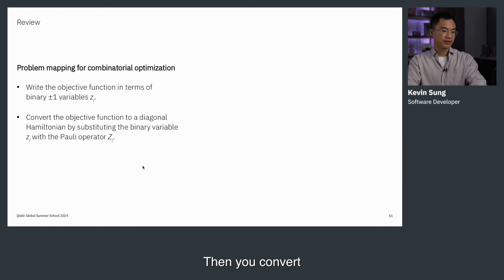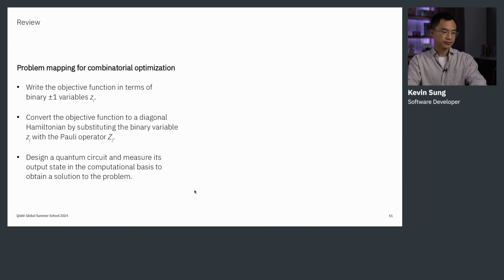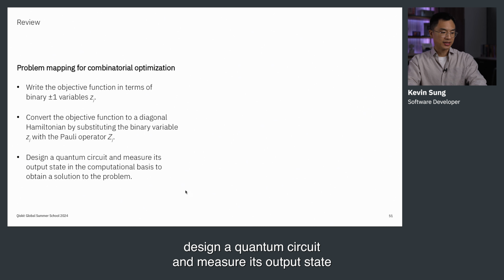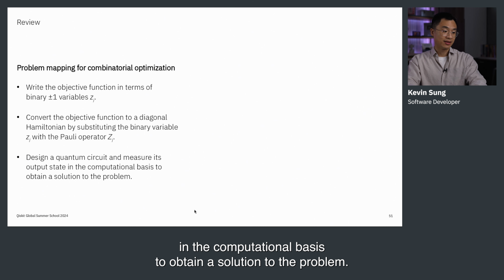Then you convert the objective function to a diagonal Hamiltonian by substituting the binary variables with the Pauli Z operator. And then you would design a quantum circuit and measure its output state in the computational basis to obtain a solution to the problem.